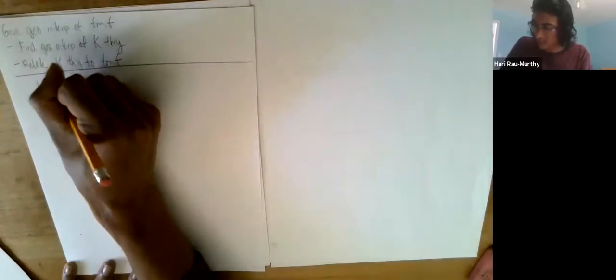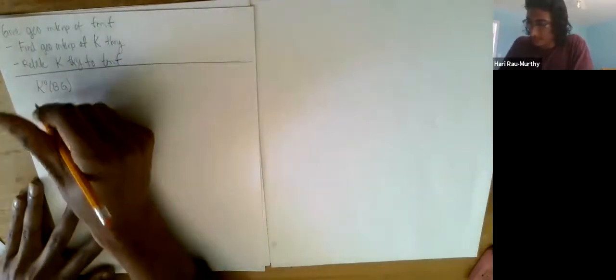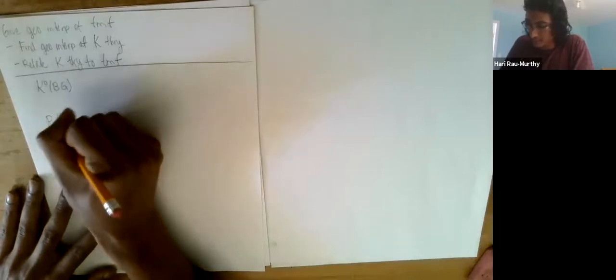Instead, one focuses on the K-theory of BG, and these can be understood using representations.